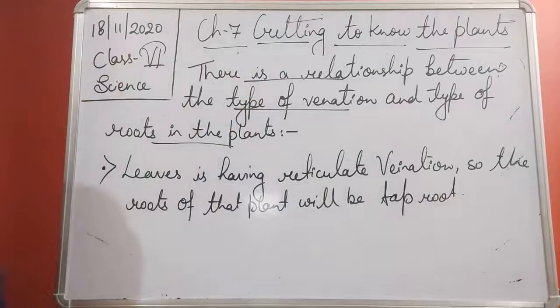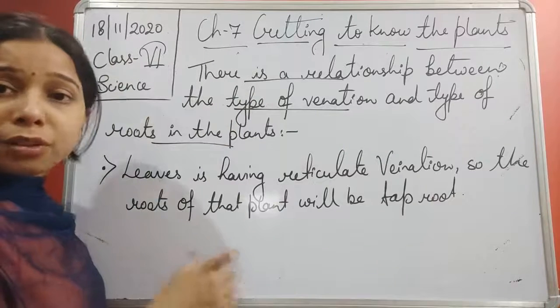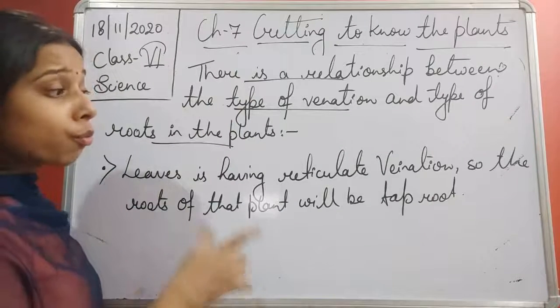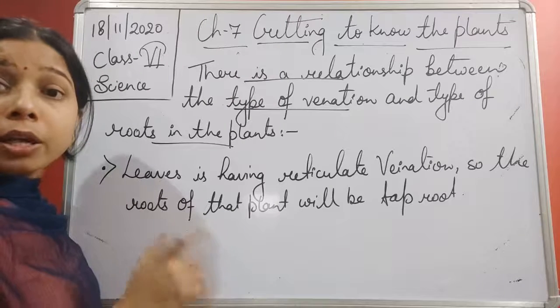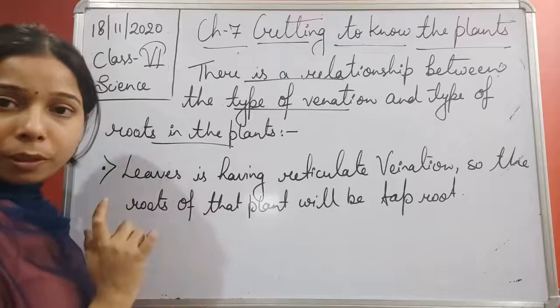If we say a leaf is having reticulate venation, what kind of root will it have? It will have a taproot.